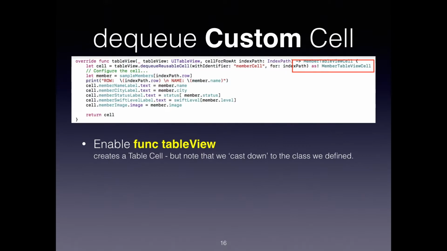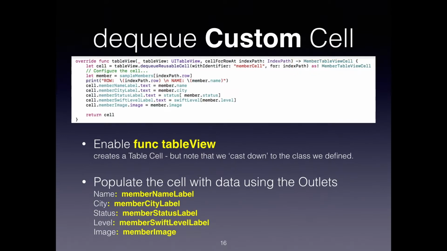So now, essentially, when we create an instance of a cell, we need to downcast it as a member table view cell so that it knows exactly what kind of cell it is. And then, of course, we're populating the cell with all of these things that were created by us through the outlets. When we did, you would do a control drag, what you always do to create an outlet.